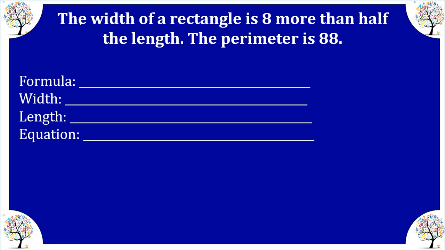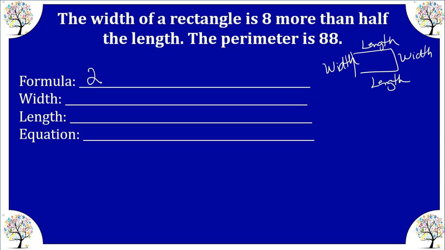The width of a rectangle is 8 more than half the length. The perimeter is 88. So remember that perimeter is adding all the sides of a shape. And so with a rectangle, we're going to have 2 lengths to add plus 2 widths.